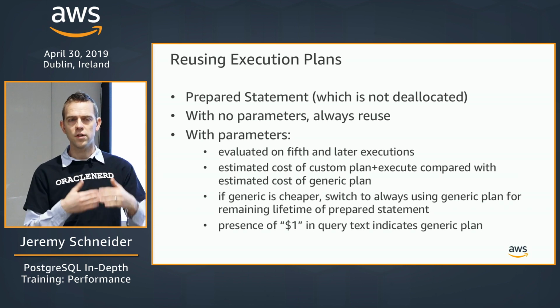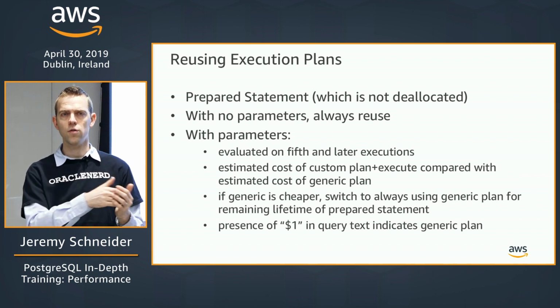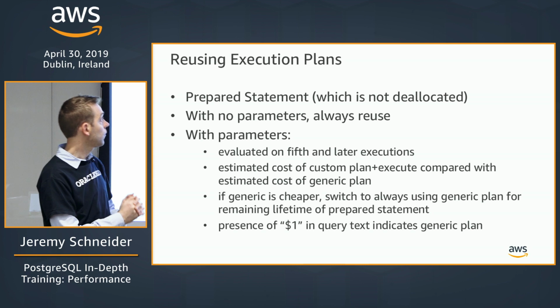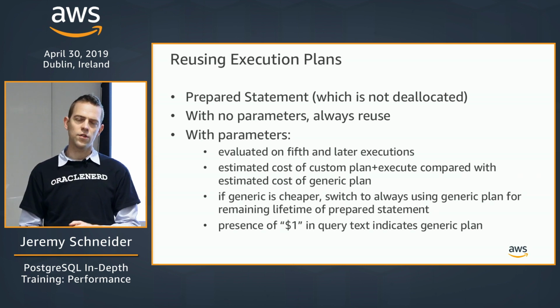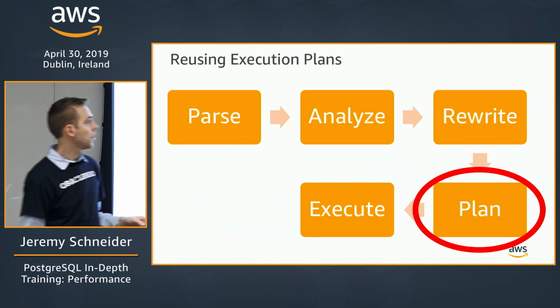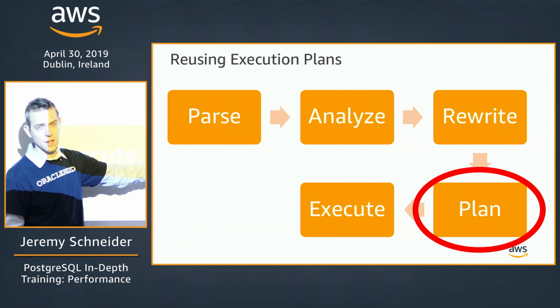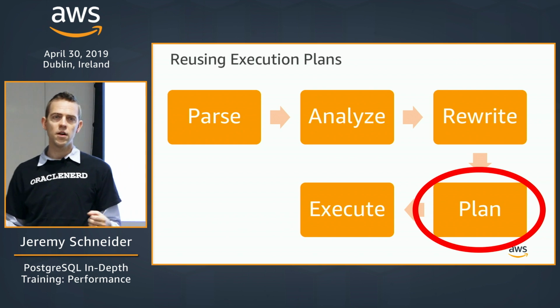It's going to take like 2 calls instead of 1 to run your SQL, because you can run it with a single call, or you can say prepare, execute. If you don't have parameters, Postgres will immediately recognize this is a prepared statement. Postgres is smart enough at that point that it will go all the way to the planning phase, and it creates something that is called a generic plan.